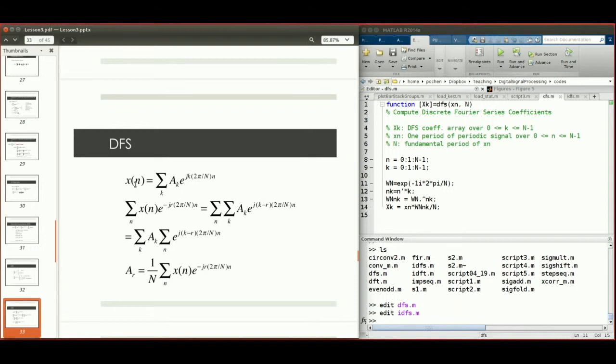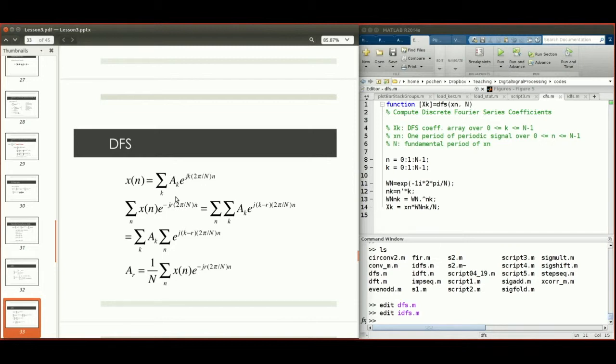This is our formula: x[n], our representation of the input signal as a linear superposition of complex exponentials with omega k determined by this sampling sequence, k times 2 pi divided by big N. Now what we have to do is multiply both sides of the equation by another complex exponential, e to the minus jr 2 pi divided by big N times n, where r is another integer.